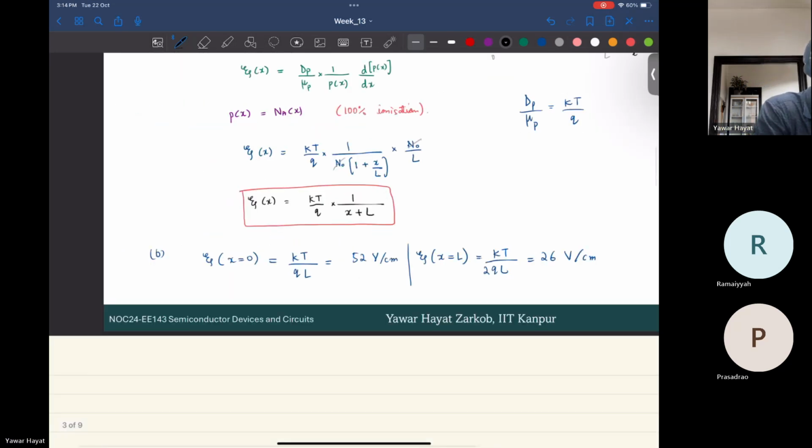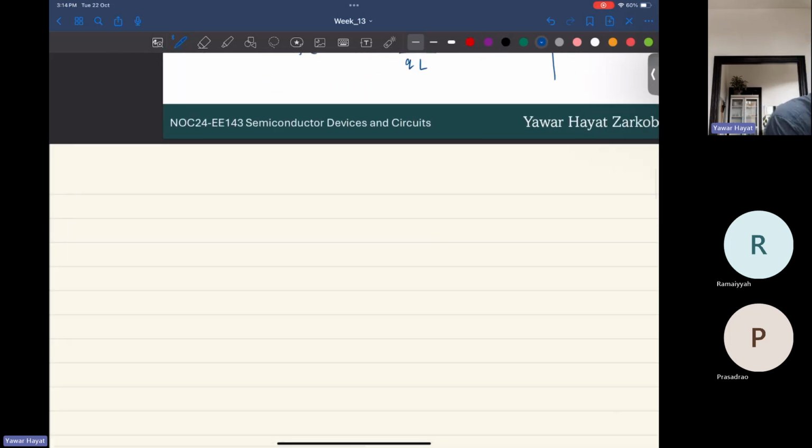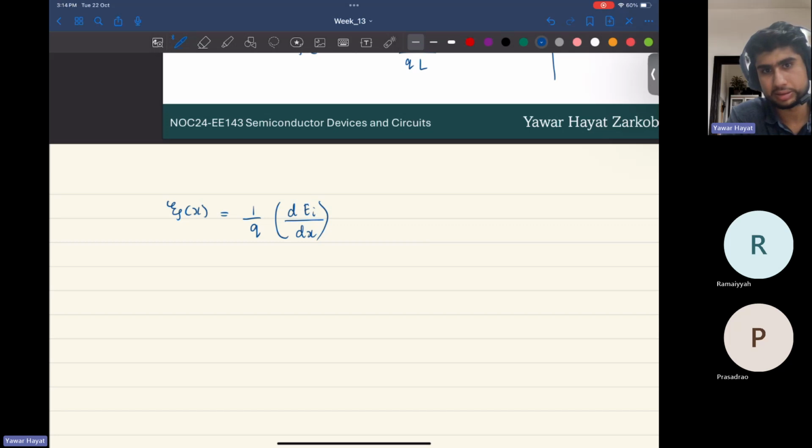Okay, if I were to approach this one, I would use this expression, right? You know that your electric field of X is 1 over q d Ei by dx, right? Are you aware of this expression?